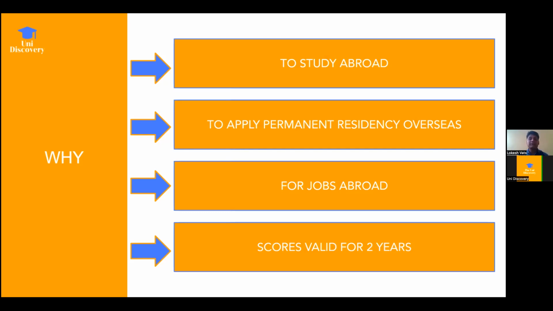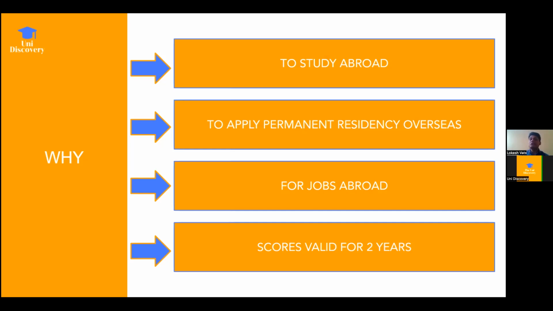You might go for a diploma course in Canada or Australia, or maybe New Zealand, UK, or USA. You can do a degree, bachelor's, master's, or even a PhD. So they have made a criterion that if you can prove that you can surpass a specific score in the IELTS examination, you are welcome to study abroad in their premises.